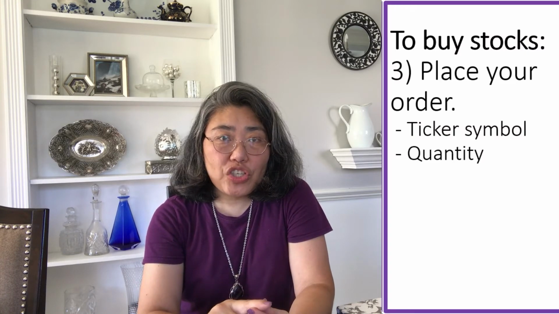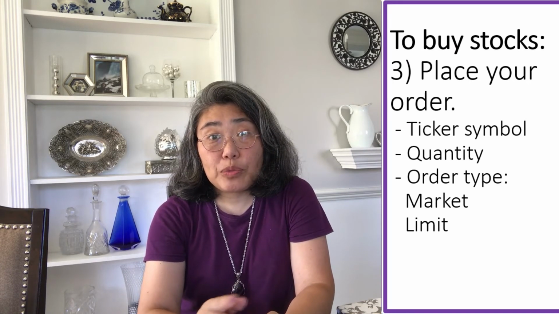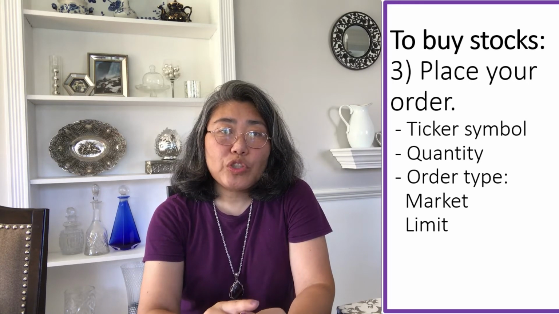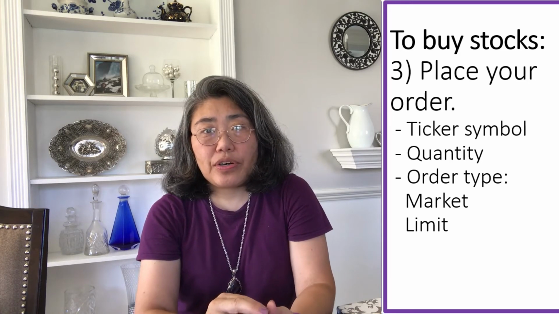Once you have that information, you go to the order page and put in the ticker symbol, and you enter how many shares you want to purchase. And then you have to decide what type of order you want to place. For most people, you want to place either a market order or a limit order.